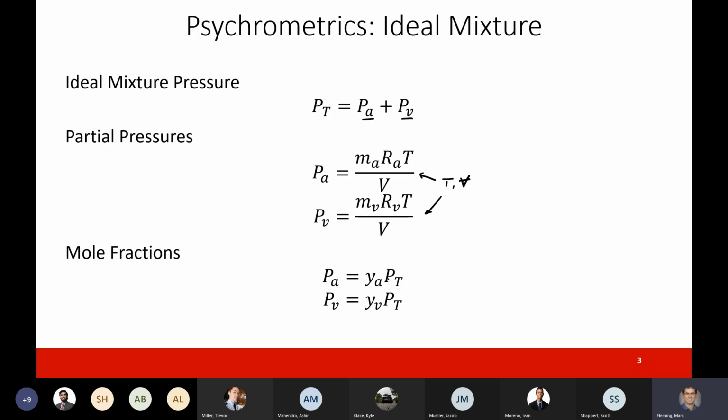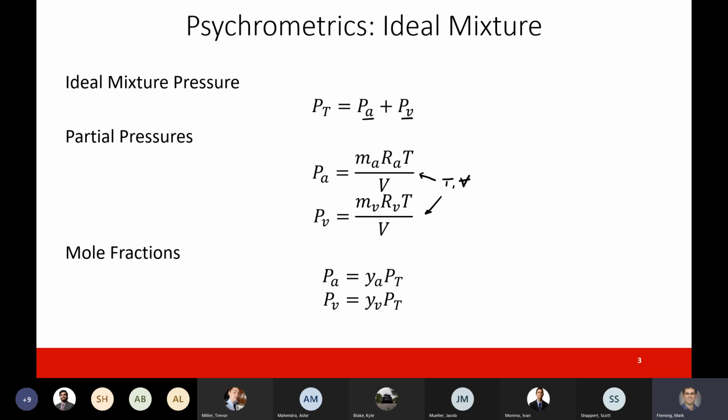And so once we were able to figure out one of our mole fractions, we could then go ahead and work to our partial pressure. So again, this is going to be really important for our analysis to be able to move between total pressures and partial pressures, and then also be able to apply Dalton's law for those calculations.